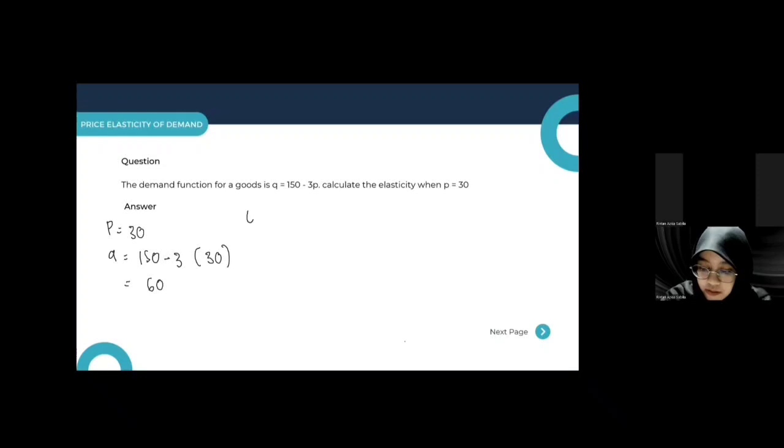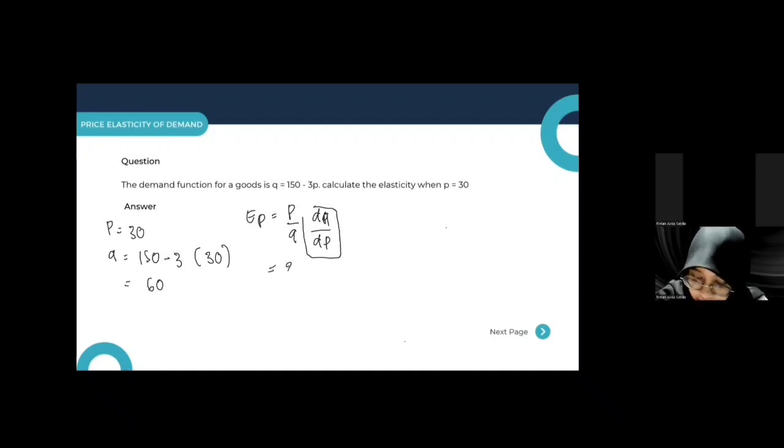Then EP equals P per Q times dQ per dP, which is the first derivative of Q equals 150 minus 3P.